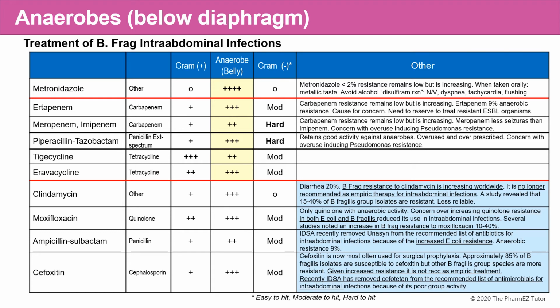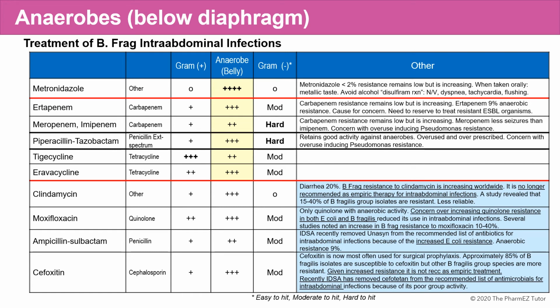As far as the old standbys, there are 4 tried and true antibiotics that have been used to treat anaerobic infections for many years. They have good anaerobic coverage and are not as broad spectrum as the second-tier antibiotics listed above.